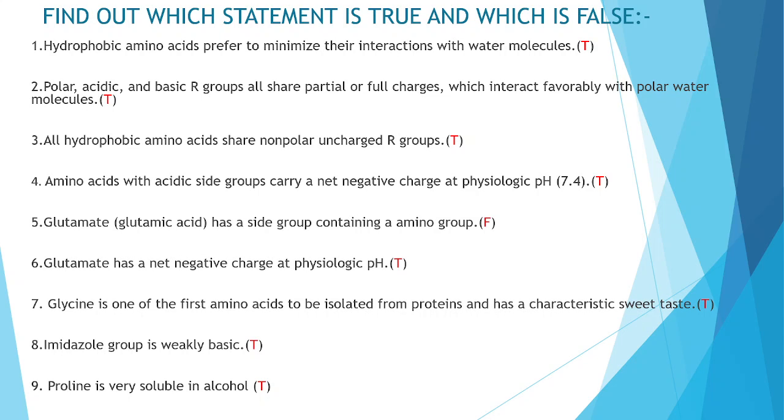Answer to first question is true. Hydrophobic amino acids prefer to minimize their interaction with water molecules. अभी हम देख चुके हैं कि हाइड्रोफोबिक फंक्शनल ग्रुप्स हेट वाटर, तो वो वाटर से एक्वस एनवायरनमेंट में उससे दूर होने की कोशिश करते हैं. देन पोलर एसिडिक एंड बेसिक आर ग्रुप्स ऑल शेयर पार्शियल और फुल चार्जेस, जिनकी वजह से उनका पोलर वाटर मॉलिक्यूल से इंटरेक्शन होता है. दिस इज ट्रू. ऑल हाइड्रोफोबिक अमीनो एसिड्स शेयर नॉन पोलर अनचार्ज ग्रुप्स.